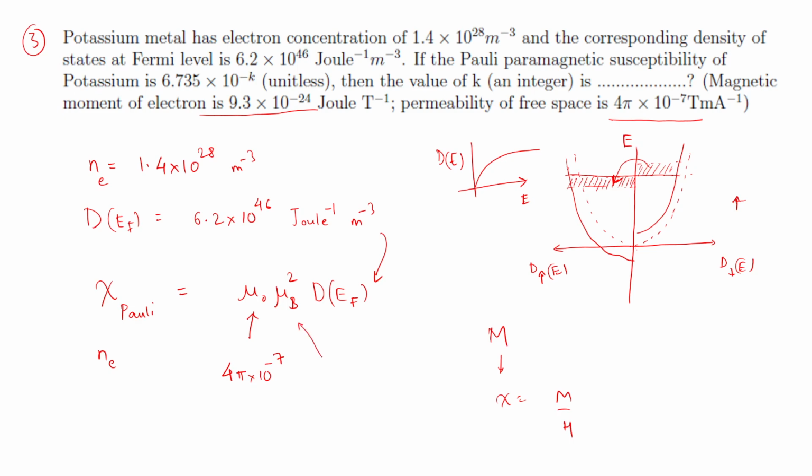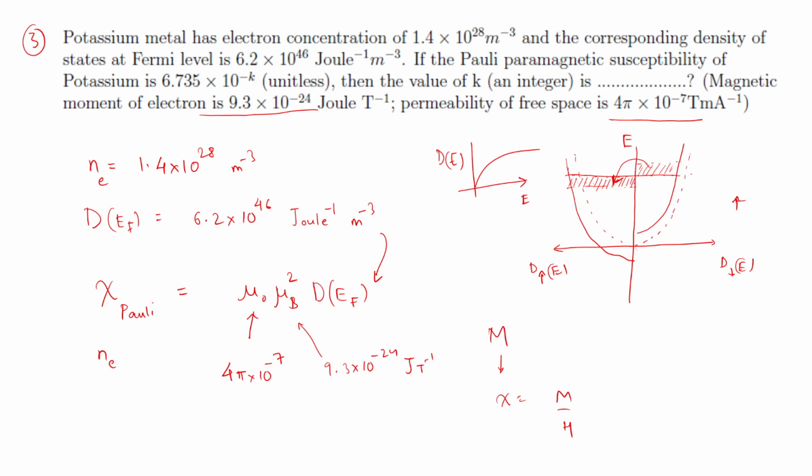For mu B, what you have to put is 9.3 into 10 to the power minus 24 joule per Tesla, and D of EF you have.